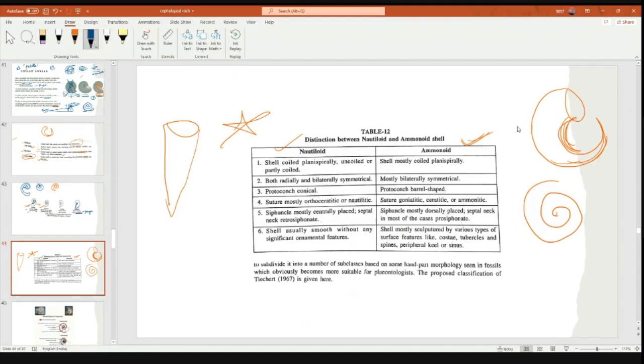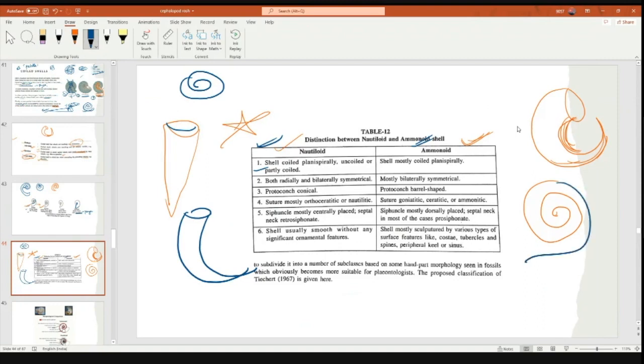So here the difference is the shell coiled planispirally. Or sometimes they are partially coiled, not very much coiled. So this will be basically nautiloids. And ammonoid shells are mostly coiled and they are also planispiral, like this.